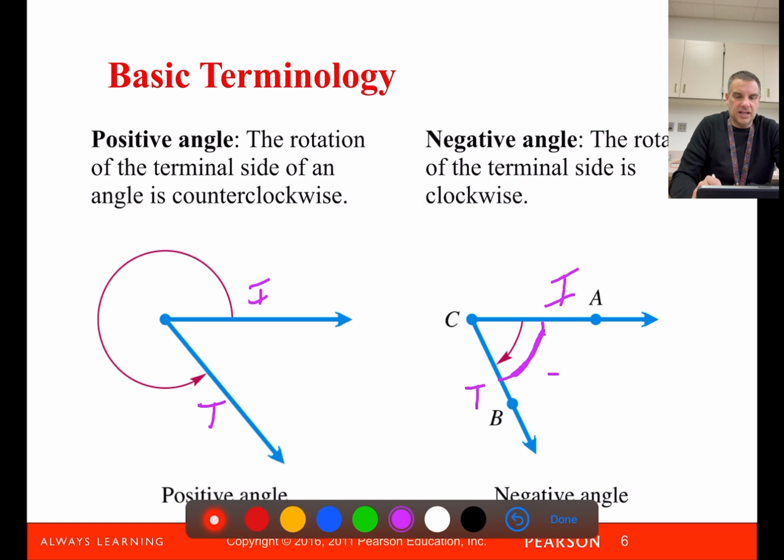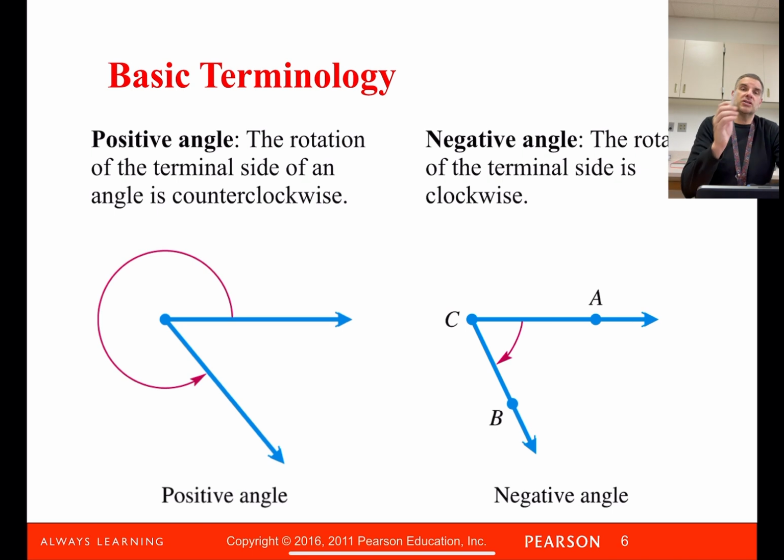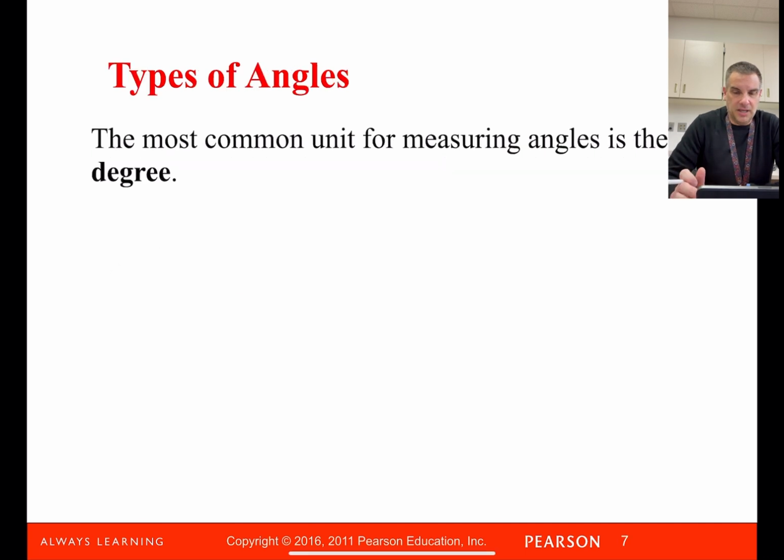This may be something like negative 50 or something like that, and this may be positive 300 degrees. We can find those angle measures, or we could simply do some subtracting as well. But just note that if you go counterclockwise, that's a positive angle. If you go clockwise, it is a negative angle.